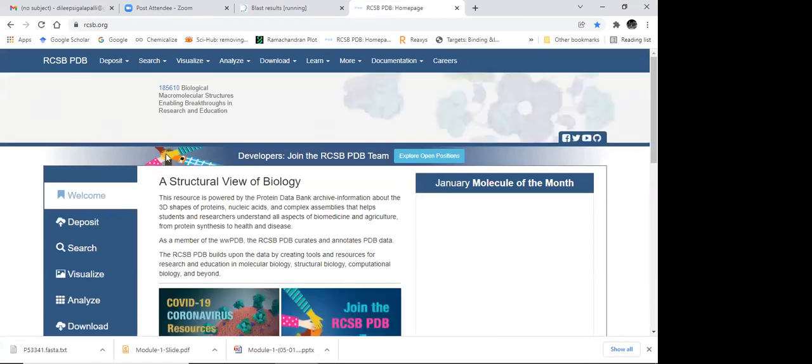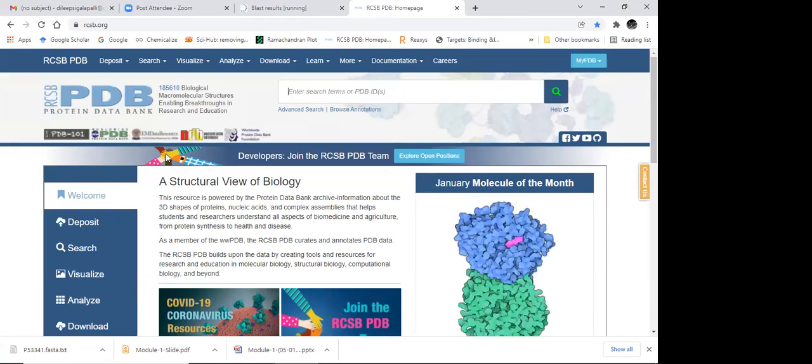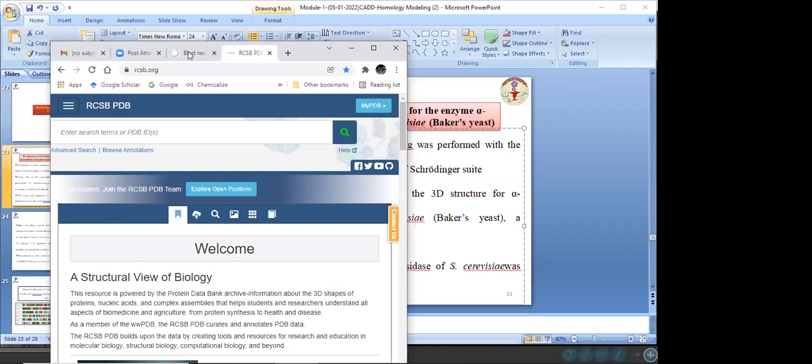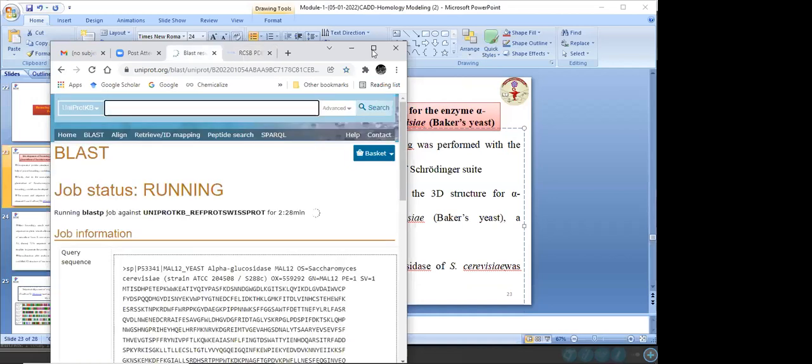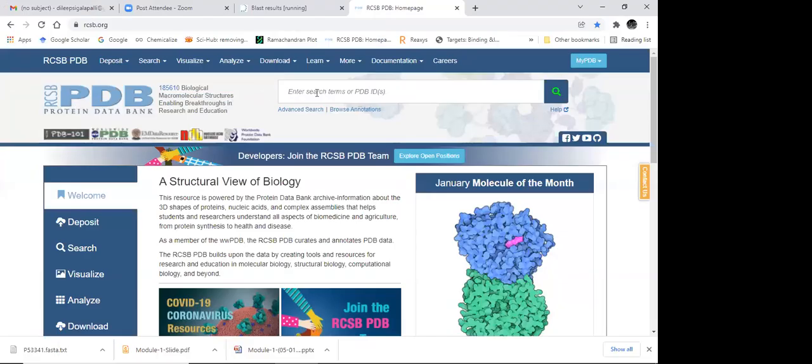If any scientist solves crystal structures, they should deposit them in this Protein Data Bank. They get prior approval and then deposit their crystal structures. Each crystal structure has its own PDB ID or PDB coordinates. Suppose you consider the topoisomerase enzyme, it has its own different PDB IDs.